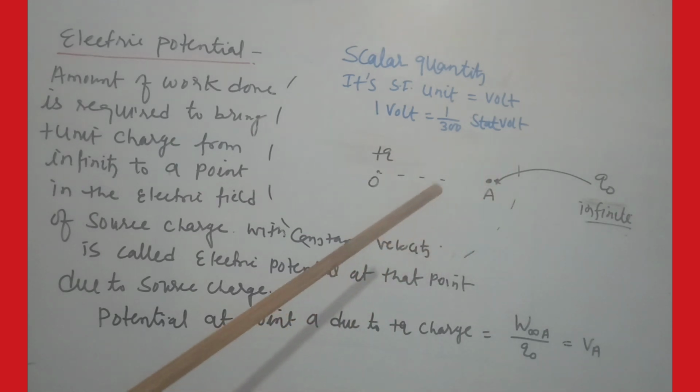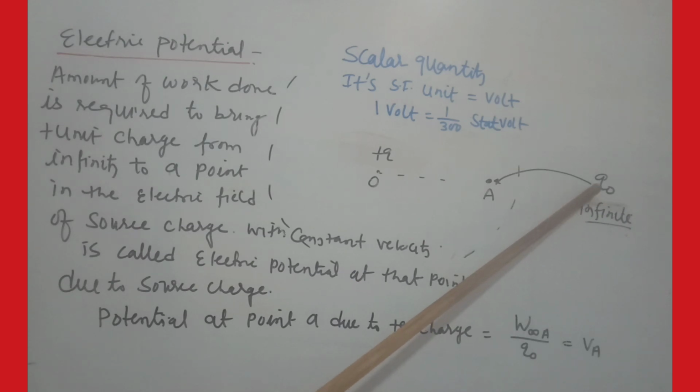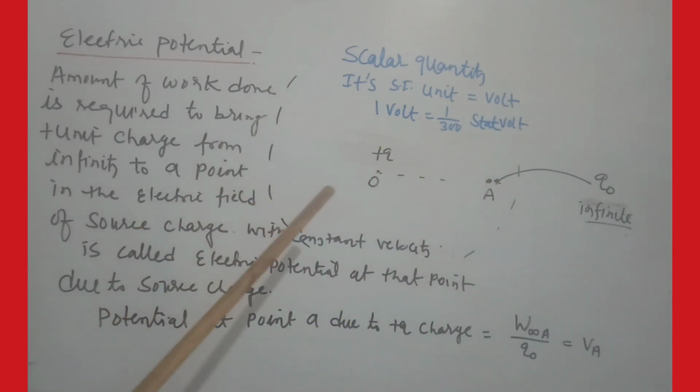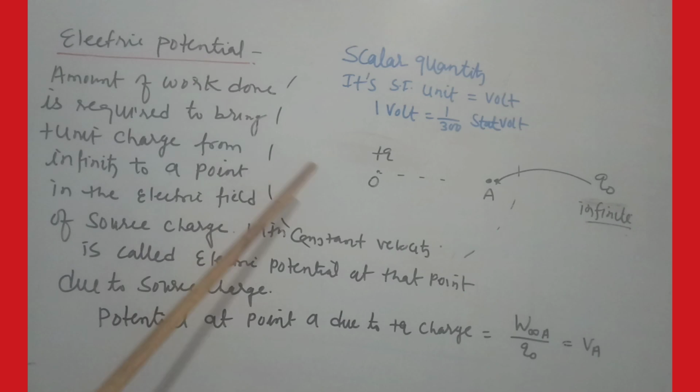Then work done upon the charge which is being brought is called potential at point A. So we can define potential due to any charge like this: amount of work done in bringing positive unit charge from infinity to a point in the electric field of source charge with constant velocity is called electric potential at that point due to source charge.